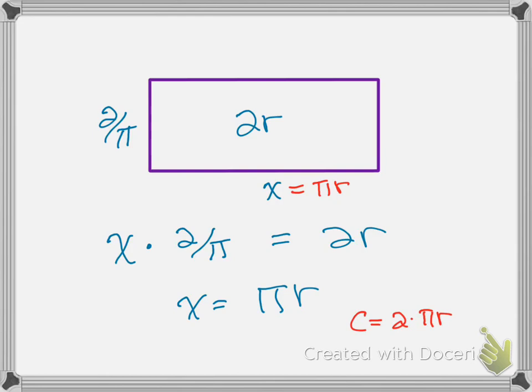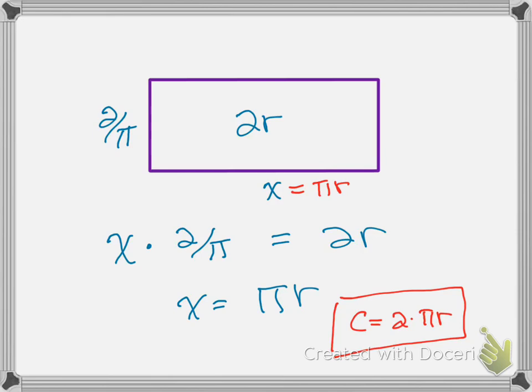Now, by the way, I just wanted to make a quick little comment. What if instead of trying to square the circle, meaning draw a square with the same area, you were trying to rectify the circle, meaning draw a segment that has the same length as the circumference of the circle?